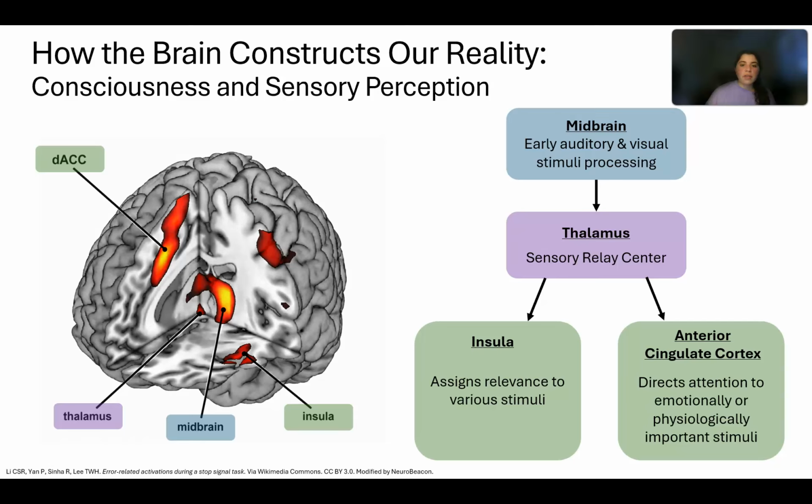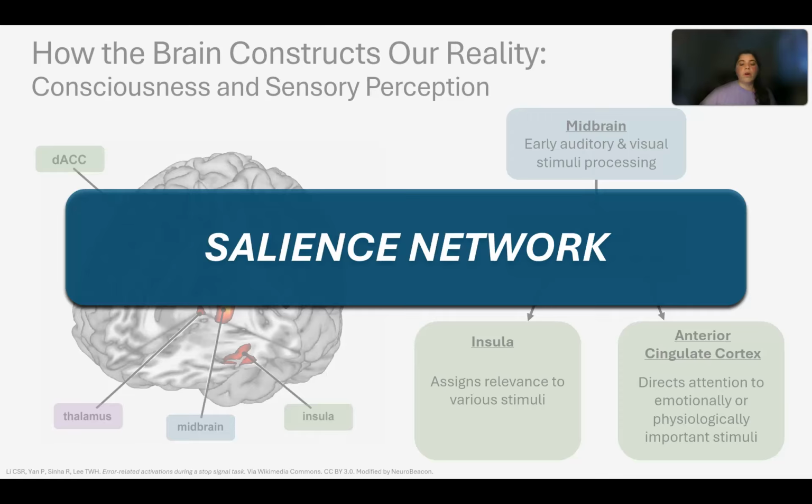But if the insula and the anterior cingulate cortex combined determine that there is not a lot of important external stimuli coming in, then, well, you're going to probably go into this default mode network. And so that is how the salience network ultimately balances the different modes that your brain can be in.